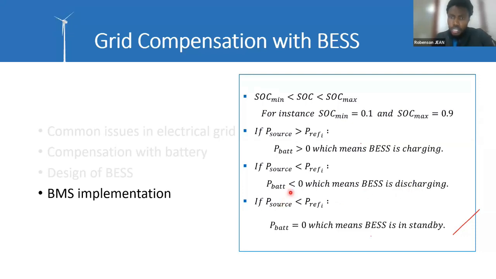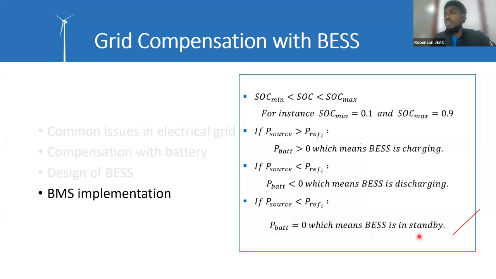But if there is an equality, so here I should put the equality sign. Sorry. If the generated power is equal to the reference power, therefore the flow of power from the battery to the DC side will be 0.